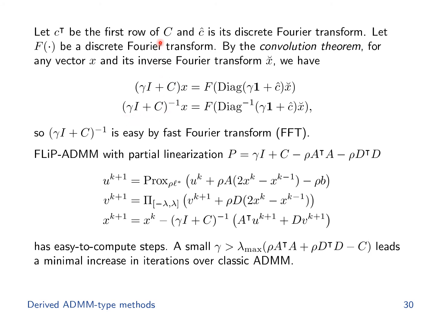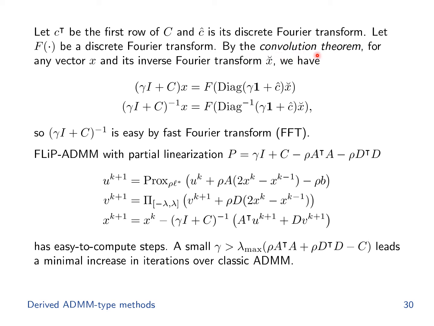Let's explain why this matrix is easy to invert. For the moment, let's assume the CT image we deal with is only one-dimensional and has n entries. In this case, C is going to be n by n. And let little c transpose be the first row of capital C, and little c hat be the discrete Fourier transform of little c, and let F be the discrete Fourier transform.